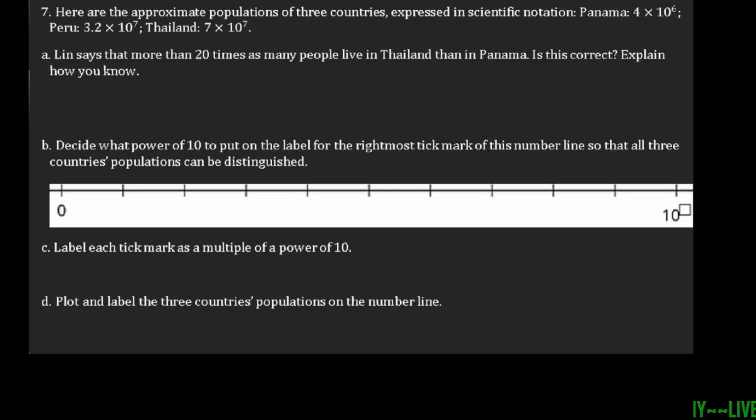So let's figure it out, some different parts for this. So for Thailand, again, Thailand is here, and Panama is here. What we can do is I'm actually going to change this value, this is going to be equal to 70 times 10 to the 6th power, because what I need to do is divide. So I'm going to divide these two values. Let's do a different color now.